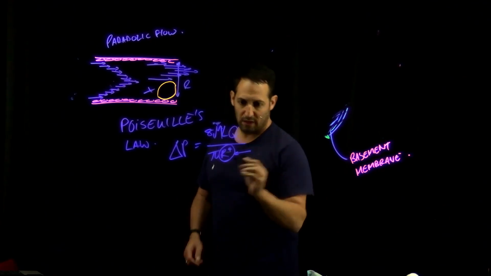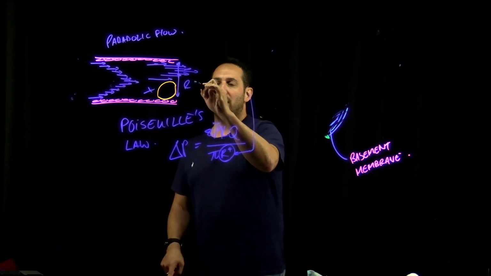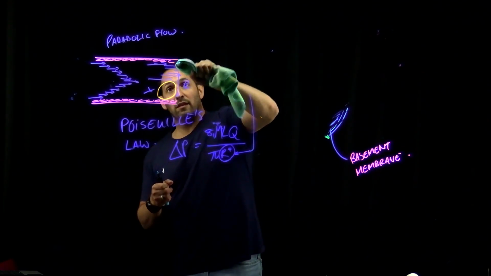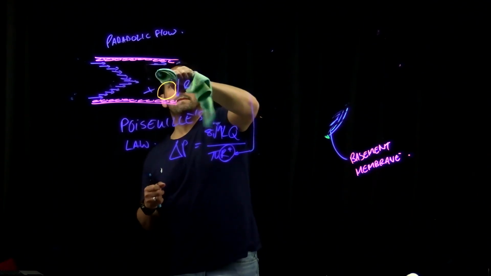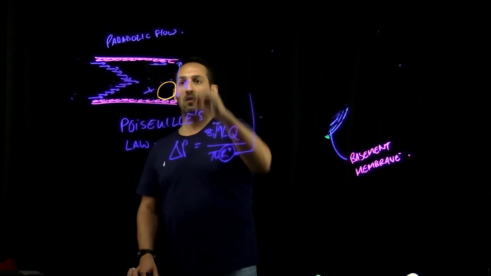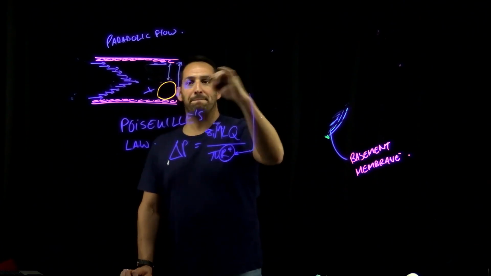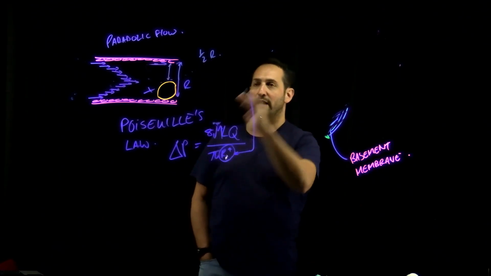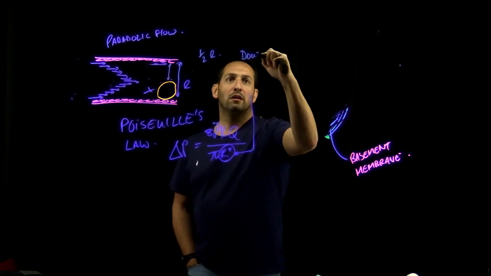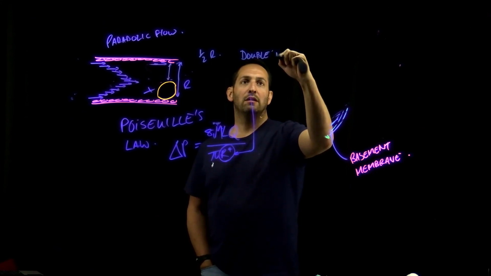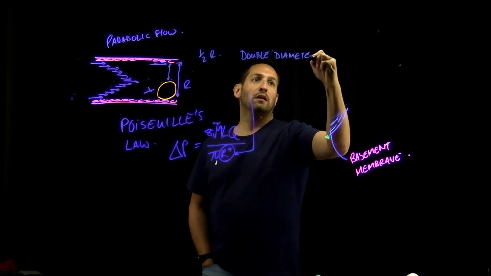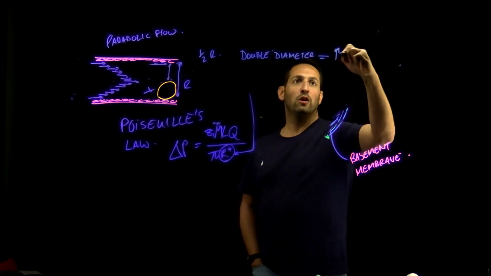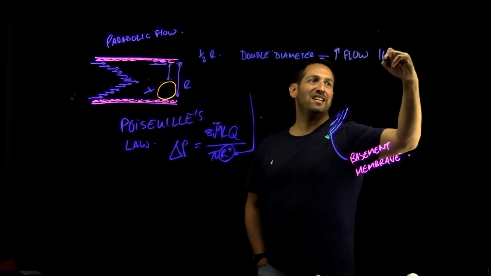What it means, because we've got r to the 4, is that if we take this r and we halve it, as we've very cleverly done with this thing here, so we've got r, or we've got 1/2 r, Poiseuille's law tells us that if you double the diameter of a vessel, because it's r to the 4, you increase flow 16-fold.